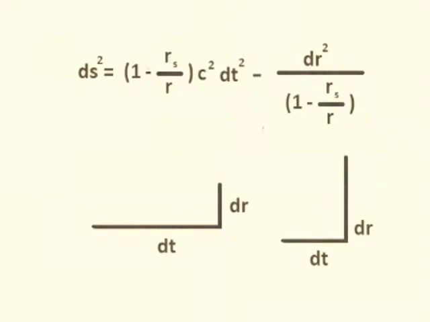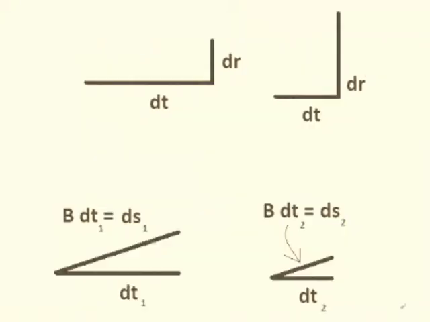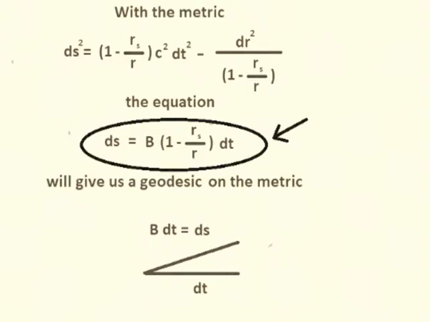If we take this picture and imagine that ds is always proportional to dt, no matter how long or short dt is, we'll get a geodesic, a line that doesn't bend to the left or right as you move across it. So we just need ds to be equal to some constant times the stuff that's in front of dt times dt and plug that into our metric to get a geodesic on that metric.